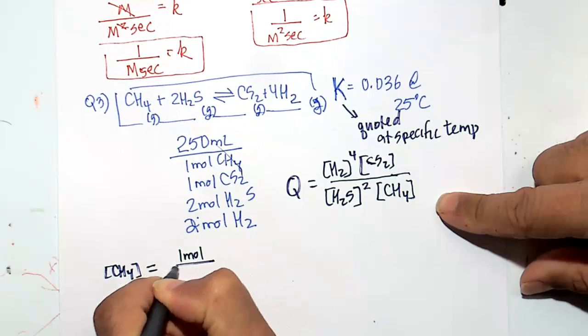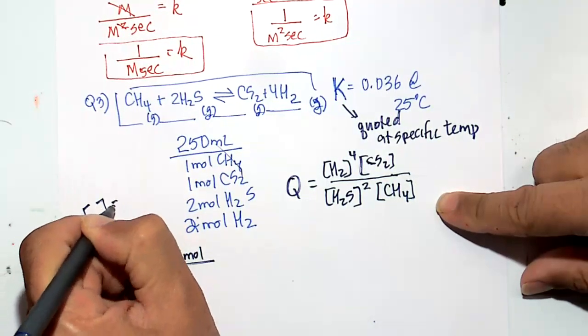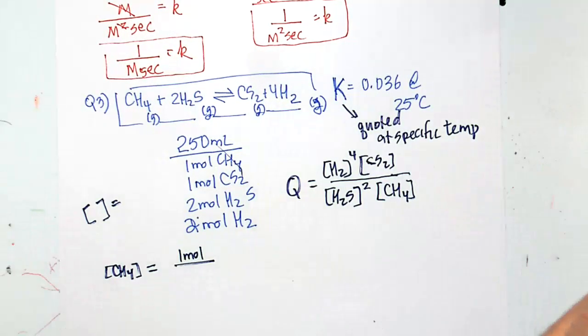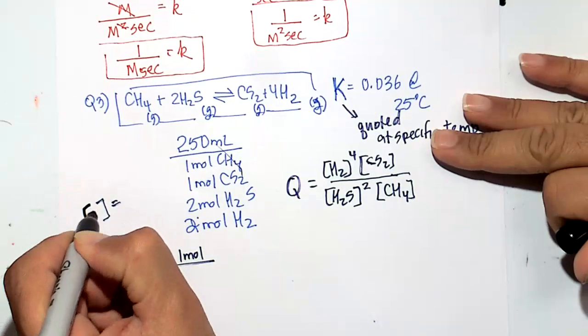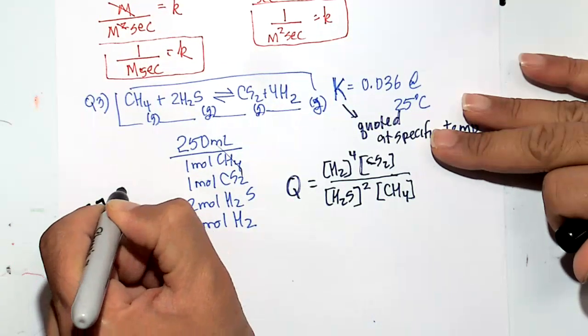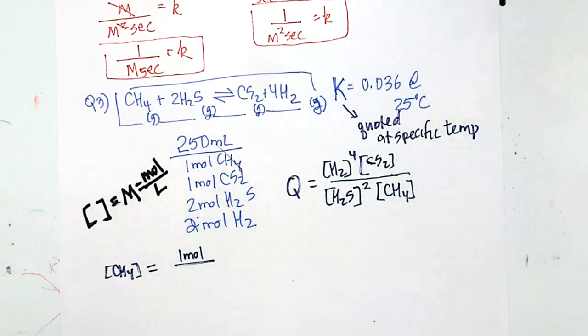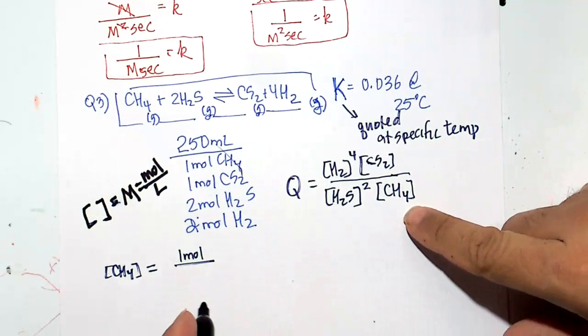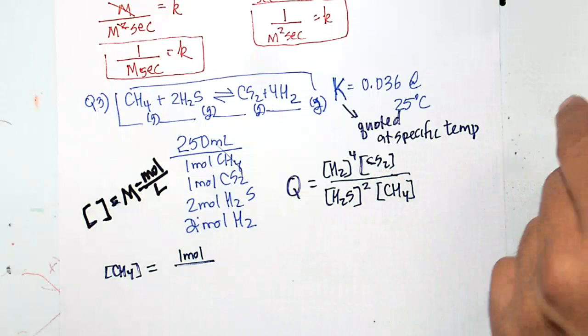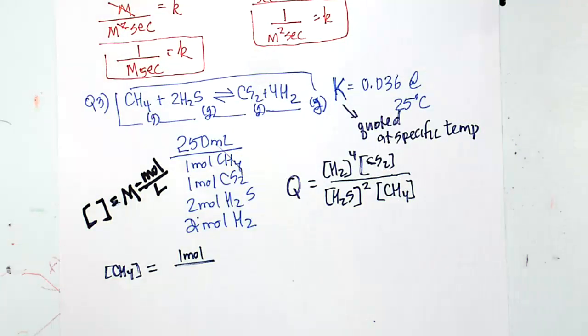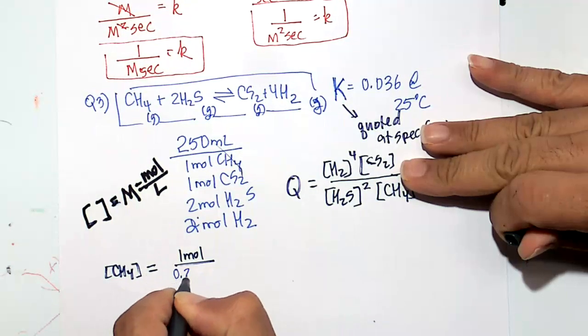The concentration is what units? We're in Chem 2 now. So concentration is in what units? Moles over liter. Okay, moles over liter. So what is the concentration of CH4? It's not 1 mole. It's 1 mole over 0.250 liters.